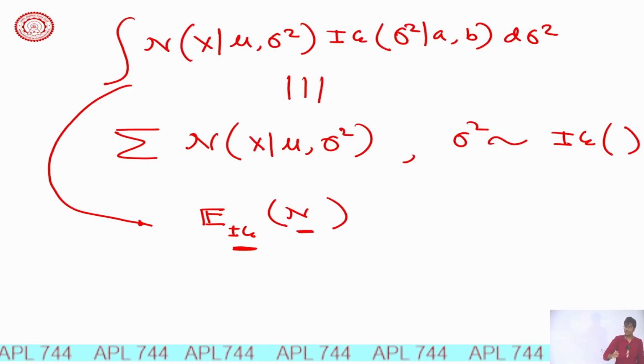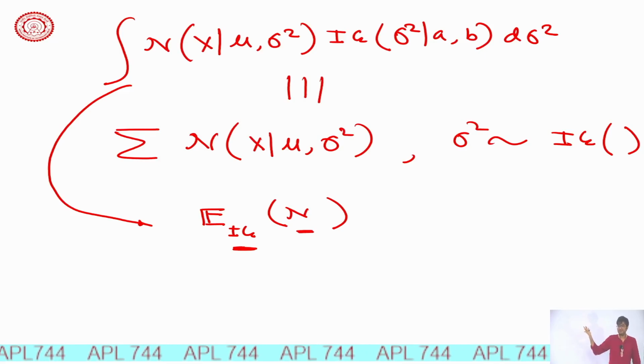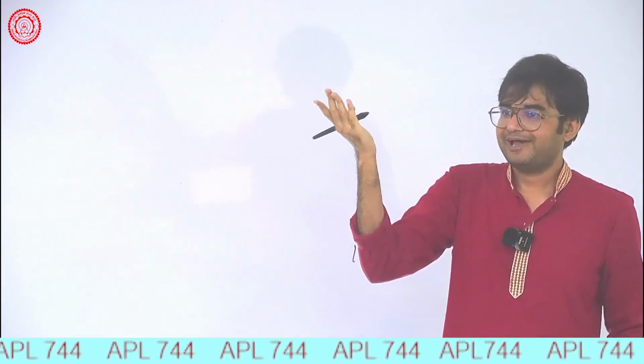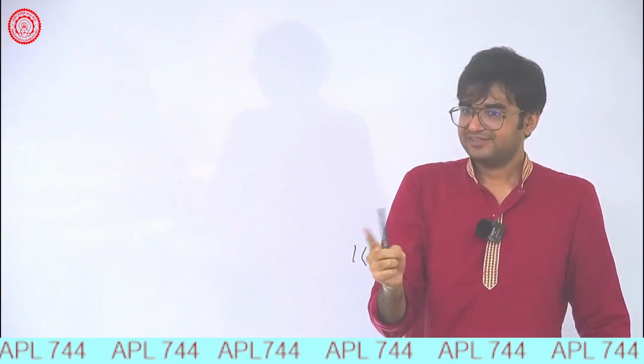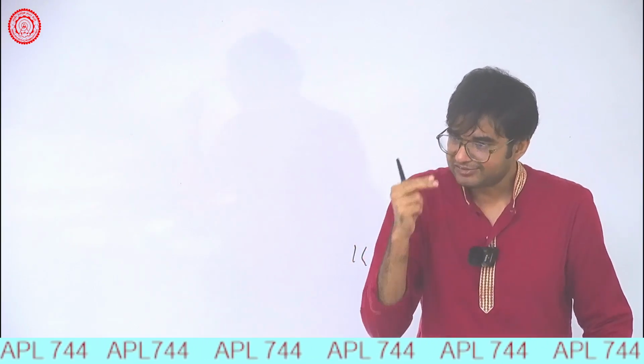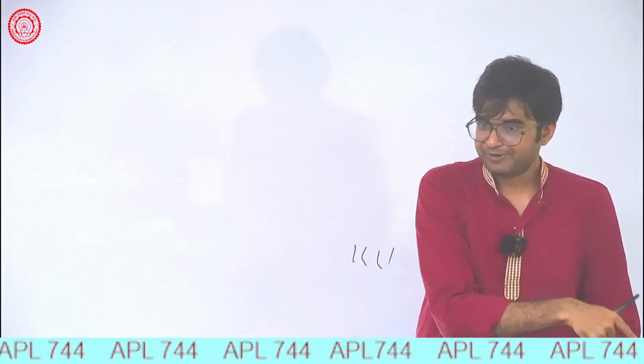And how long should this summation go? Infinite. Because of the law of large numbers, whenever you are trying to approximate an integration by a summation, you will get the exact result when the number is very large. And you saw it while computing pi in your home practical 0.